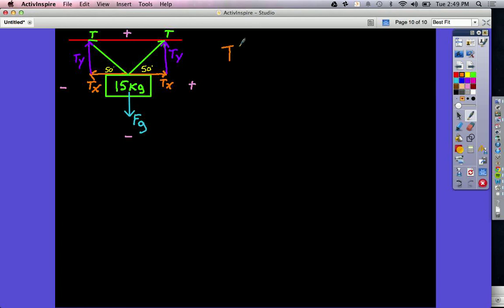Tension in the x direction is the adjacent side of this particular triangle, so that's going to be cosine of 50 degrees multiplied by the tension itself, T. And tension in the y direction is the opposite side of the 50-degree angle, so that's going to be the sine of 50 degrees times the tension itself, T.